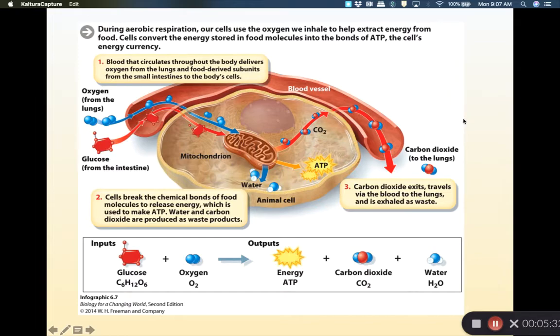Now that we're talking about these subunits flowing through the blood, we're going to talk specifically about how eukaryotes produce ATP. It's primarily through a process called aerobic respiration. Aerobic means air, so keep in mind that that's very important for this process.